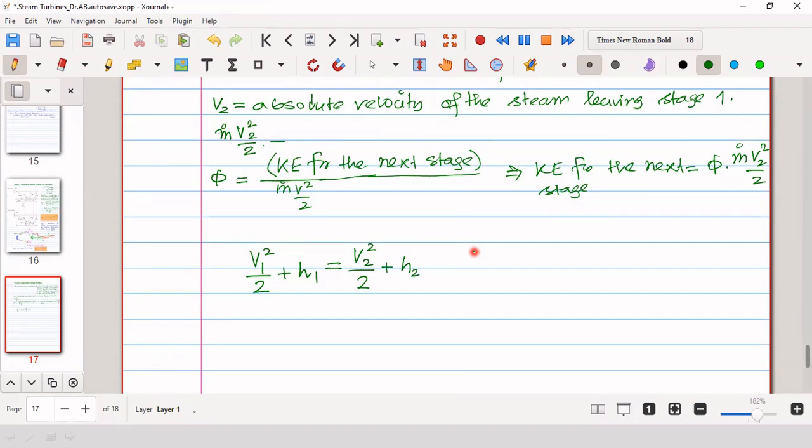So this is at the exit from the next nozzle, and this is the inlet to the next nozzle.